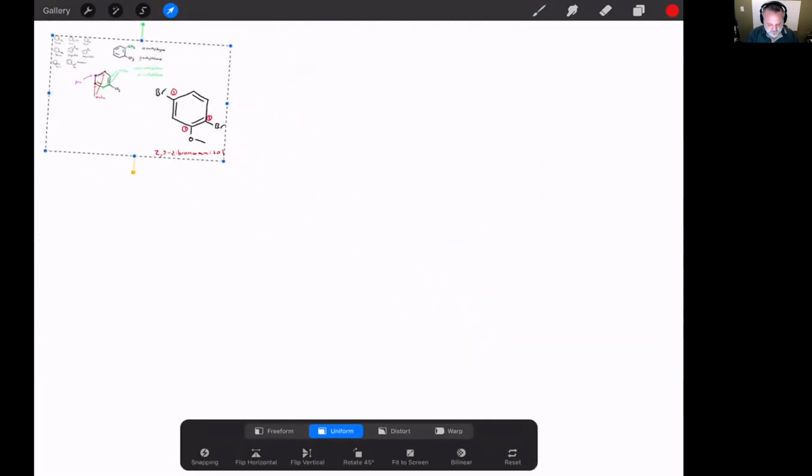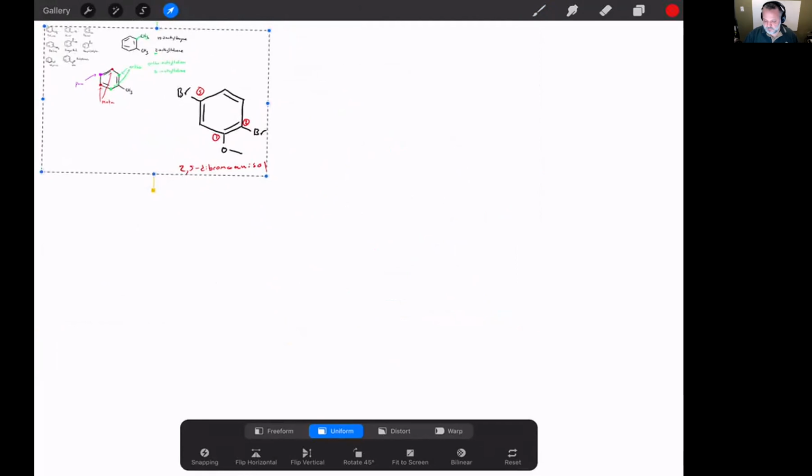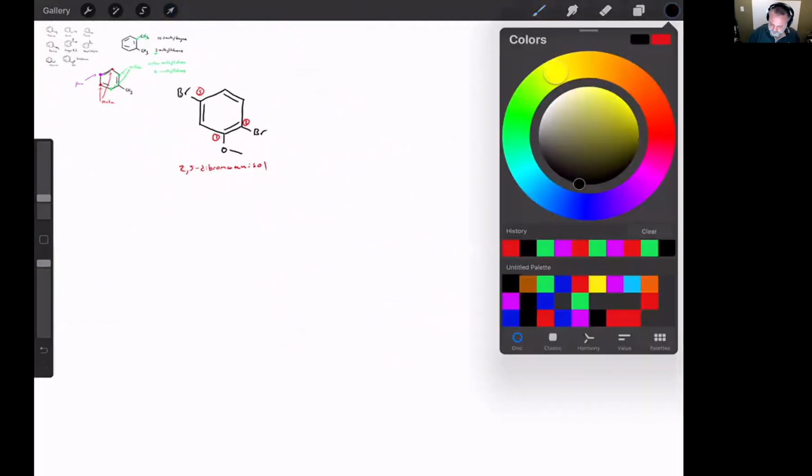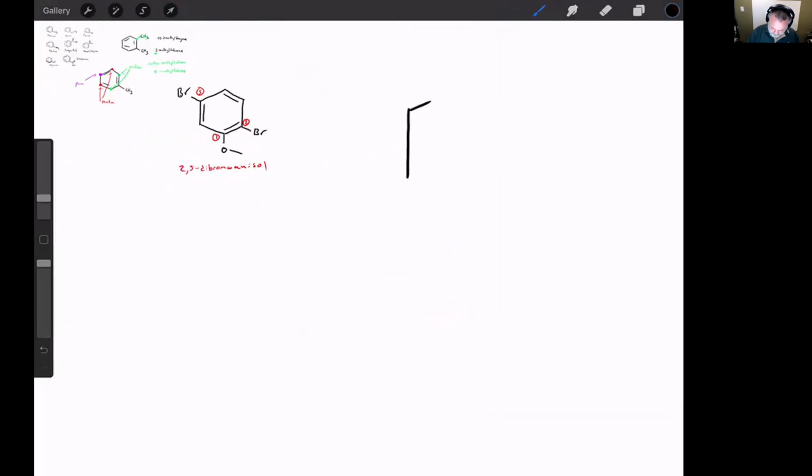Okay. Let's name this one. What would this one be called? This might be the best hexagon I've ever drawn.